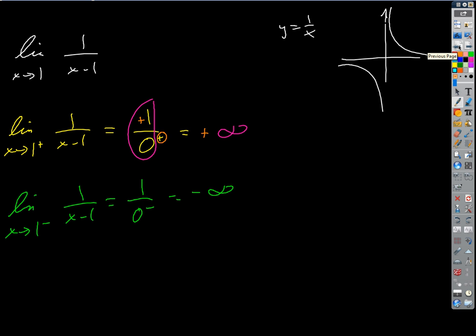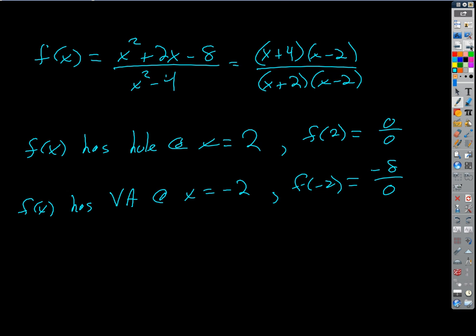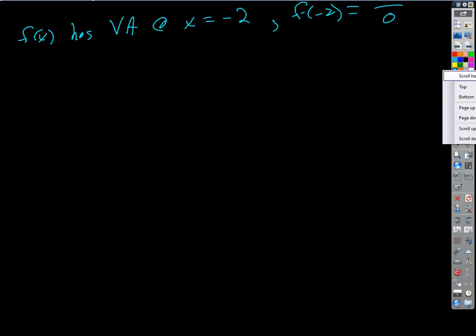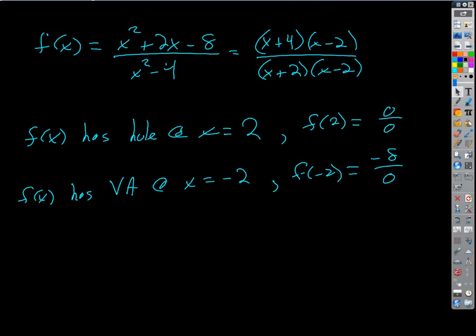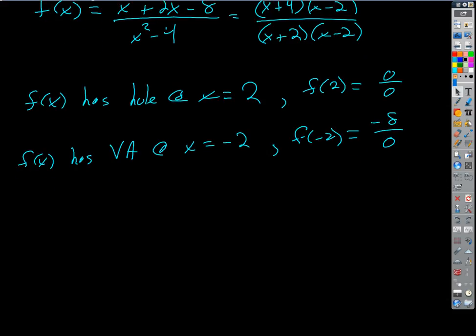So if we want to know what kind of a vertical asymptote that is, we could take this function and take what kind of limits. If we know that our vertical asymptote is at negative 2, approach negative 2 from the left and the right and just see what happens, right? Okay, so let's practice that once.